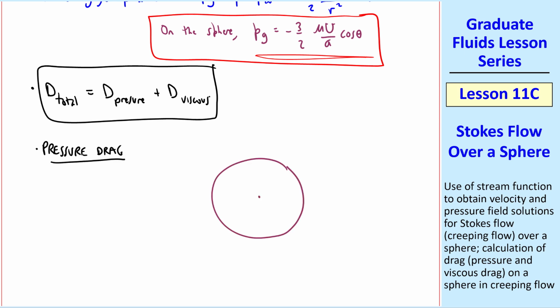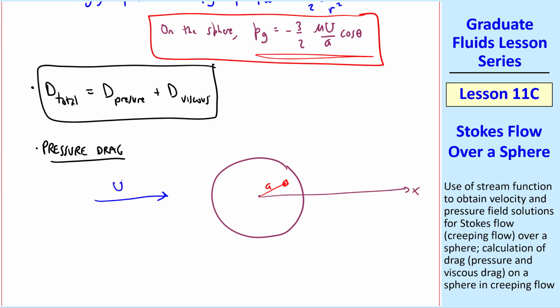Here's our sphere of radius a, and let's look at some small area element on the surface, trying to draw this 3-dimensionally. The distance from the origin to this area element is a, the radius of the sphere. This is the x-axis with speed from the left. This angle is theta.